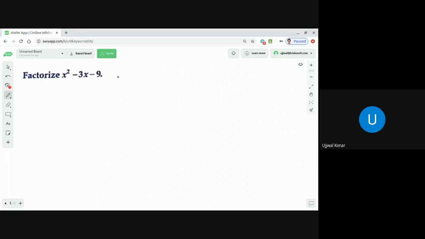If you take x square minus 3x minus 9 equal to 0, and find the value of x, you will get x equal to 3 plus 3 root 5 by 2, and the other one is 3 minus 3 root 5 by 2. These are the two roots, no? As we get the two roots, it is very easy to factorize.